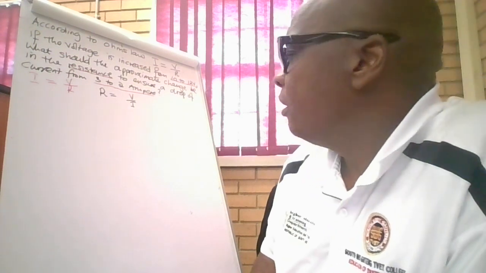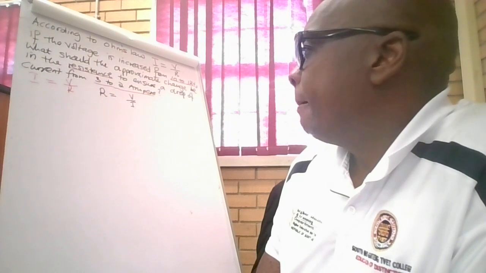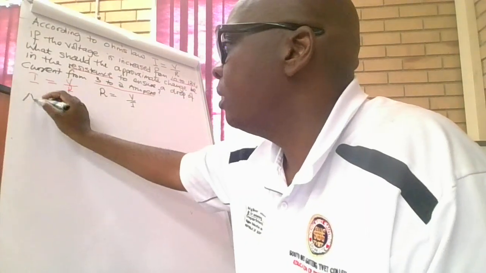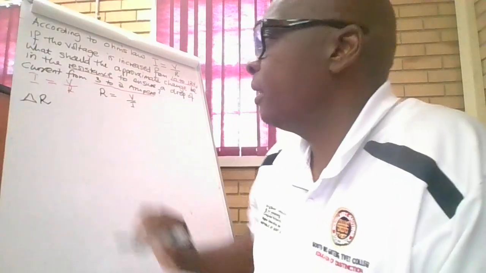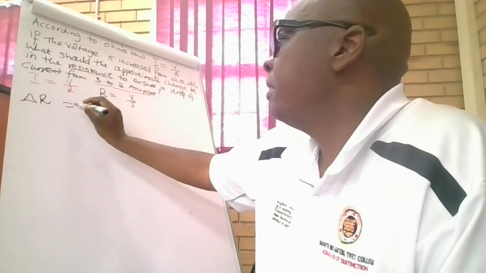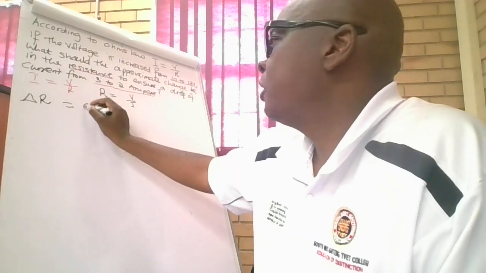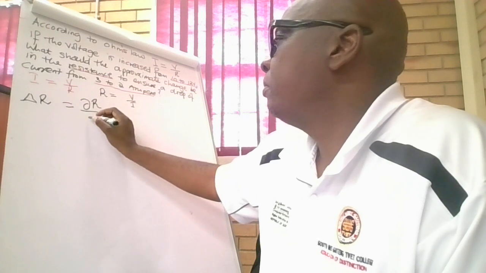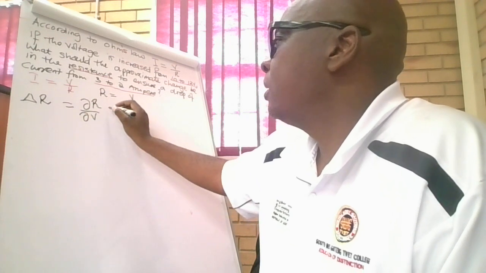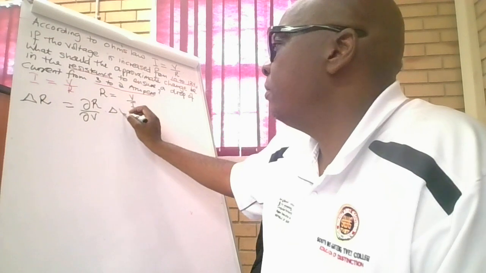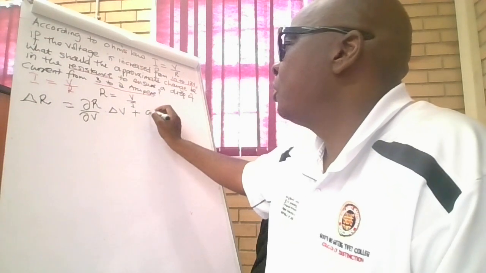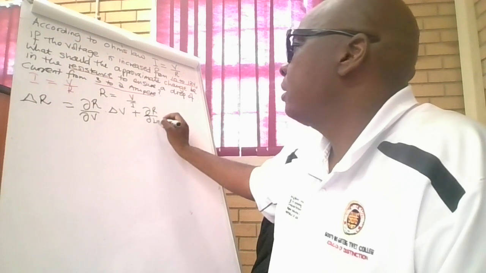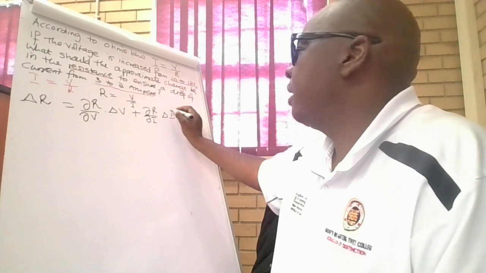And then it follows that for us to get the change in resistance, which I can denote with delta R, delta R will be given by the partial derivative of R with respect to voltage times the change in voltage, plus the partial derivative of R with respect to current times the change in current.